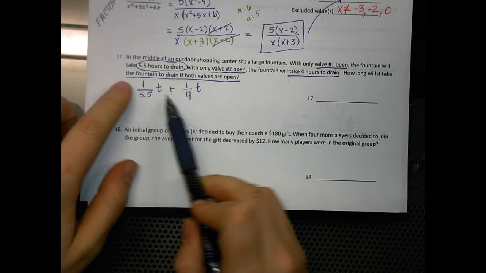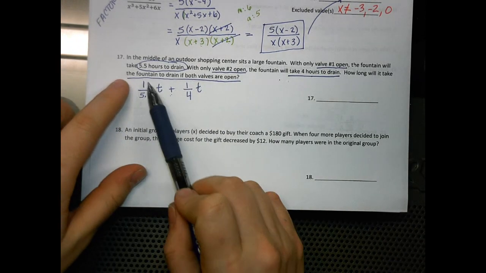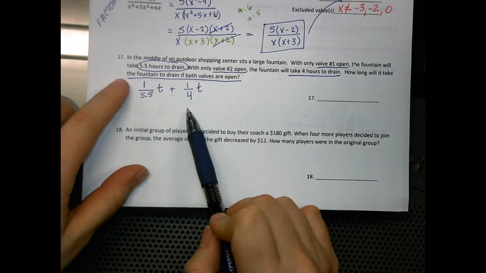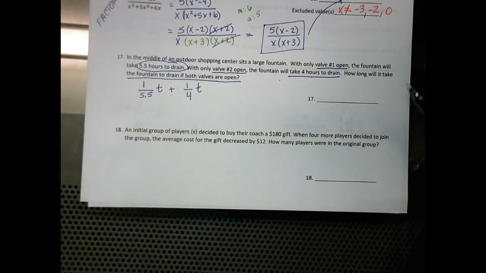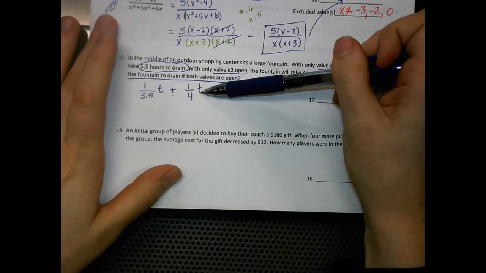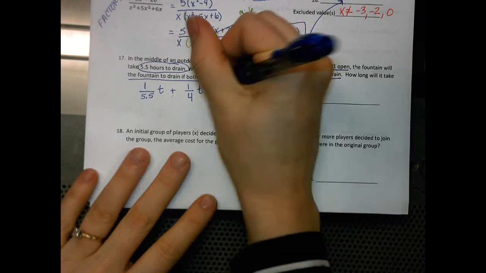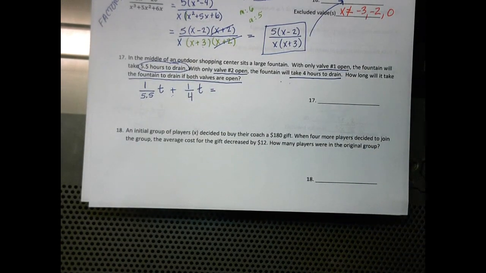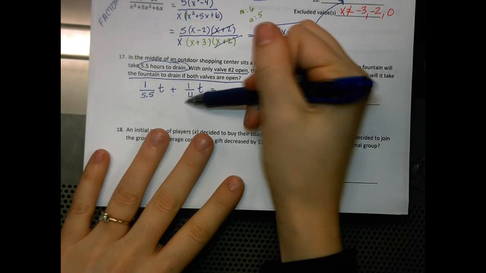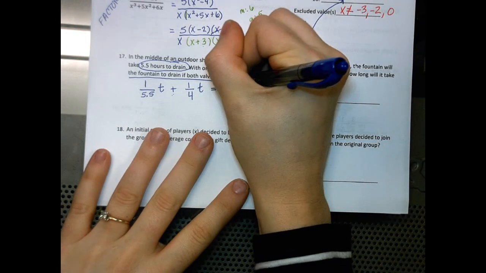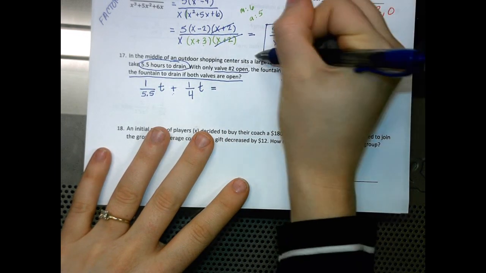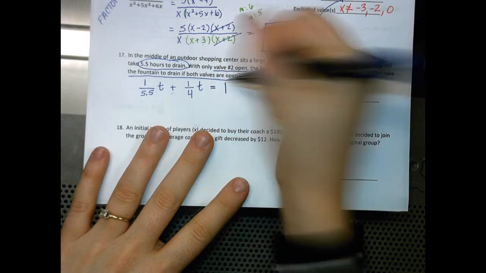It would be 1 over 5.5 plus 1 over 4. But we don't want to know as 1 hour passes. We want to solve for the entire fountain draining. So you add these together and set it equal to 1 full fountain drained.